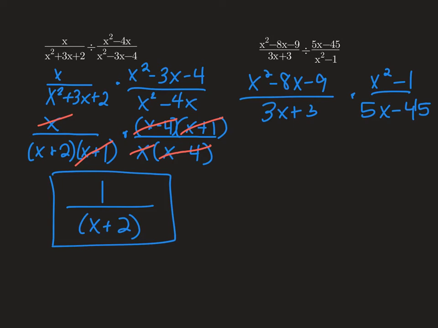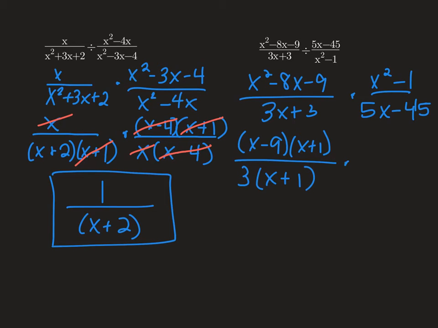Now, I'm going to go a little bit quicker through the factoring since this should be review at this point. I notice my top fraction here is a trinomial where a is 1. So I'm going to factor that to be x minus 9 times x plus 1 over, and I notice in the denominator here I do have a greatest common factor, and that's a 3, so it leaves me with x plus 1.